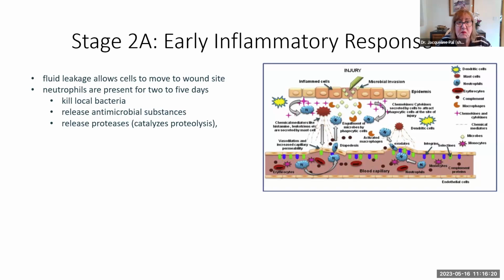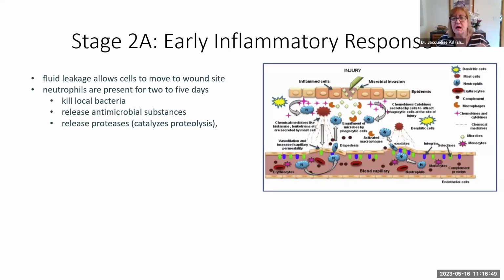They're also going to be releasing proteases, which are going to help break down the damaged tissue there. So now we're going to have a whole bunch of chemokines or cytokines, a lot of chemotactic factors being released, and so we're going to be recruiting a lot more neutrophils. For the first day or so, we just have a party full of neutrophils doing phagocytosis.